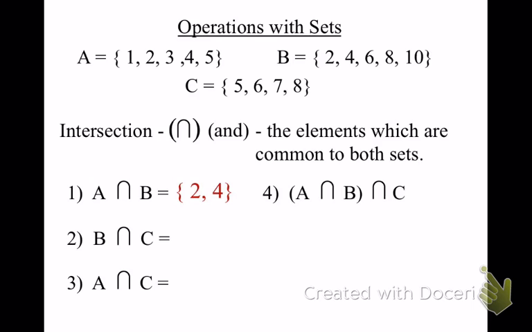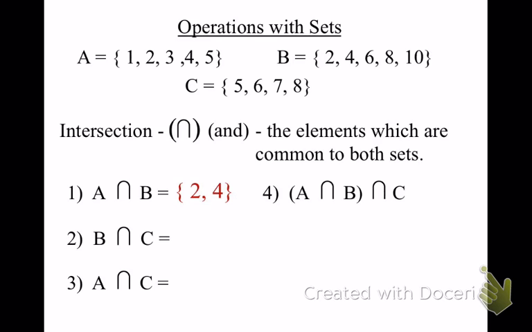Okay. So remember, an intersection is what's in common. So what is the intersection of B and C? What is in common? What is part of 6 and 6? Well, 6 is in common.